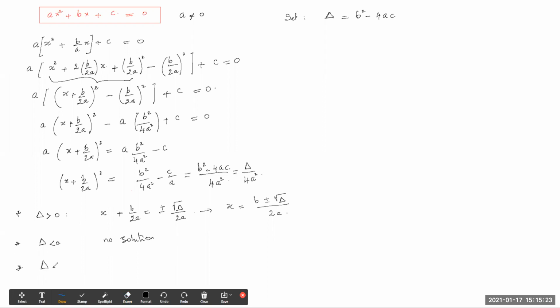Now, if delta is 0, then we have a unique solution, because we have 0 here. The only solution is minus b over 2a, which is a double root. So finally, this quantity is important, it is the discriminant of the equation. And we have these three possibilities.